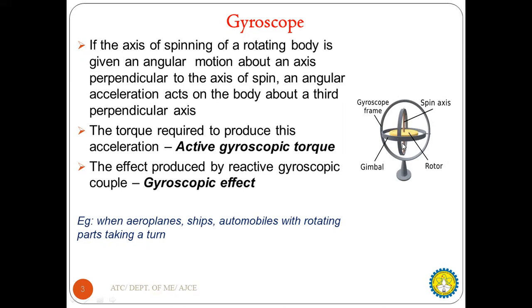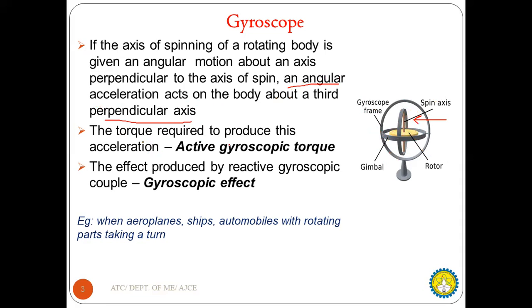If we give an angular motion in a direction perpendicular to this axis of spin, an angular acceleration acts on the body about a third perpendicular axis, which is perpendicular to the plane of this screen.